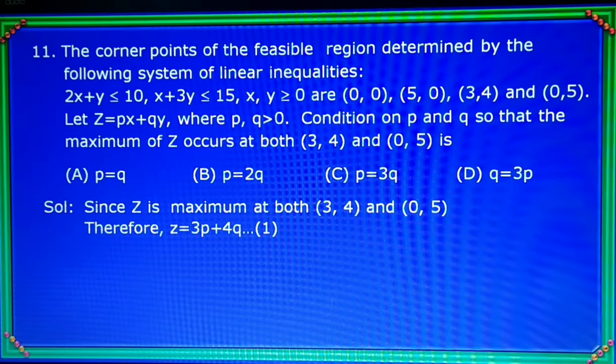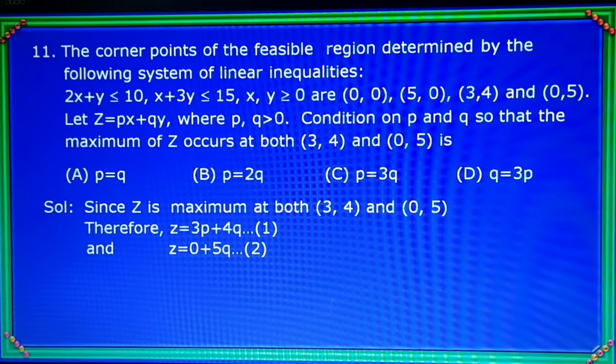When you substitute x is equal to 0 and y is equal to 5 in z is equal to px plus qy, we get z is equal to 5q, say number 2. Both are z values.